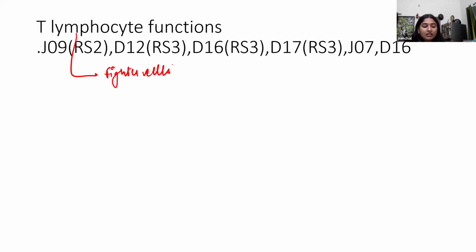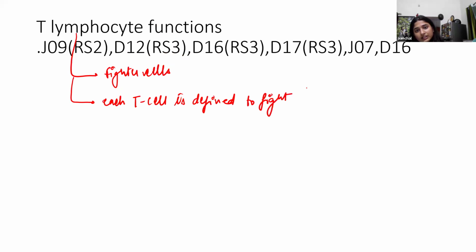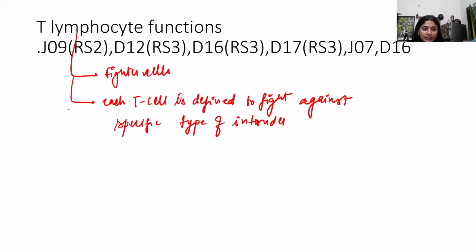Each T cell is unique in that it is designed to fight only one type of pathogen, a specific type of intruder.